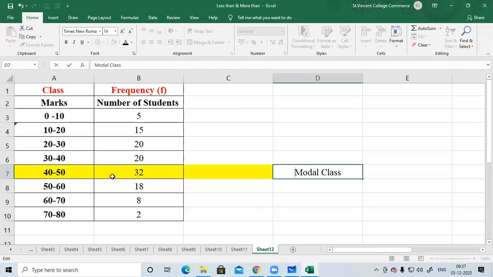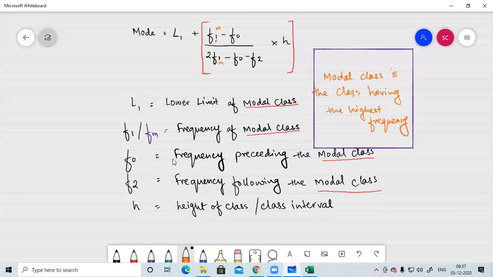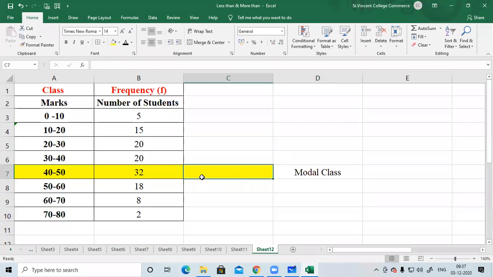Going further, what is F0 or Fm? Now have a look. F1, why I call it 1 is because it becomes easy to trace 0 and 2 after that. F1 or Fm is the frequency of the modal class. That means this particular 32 is your F1.